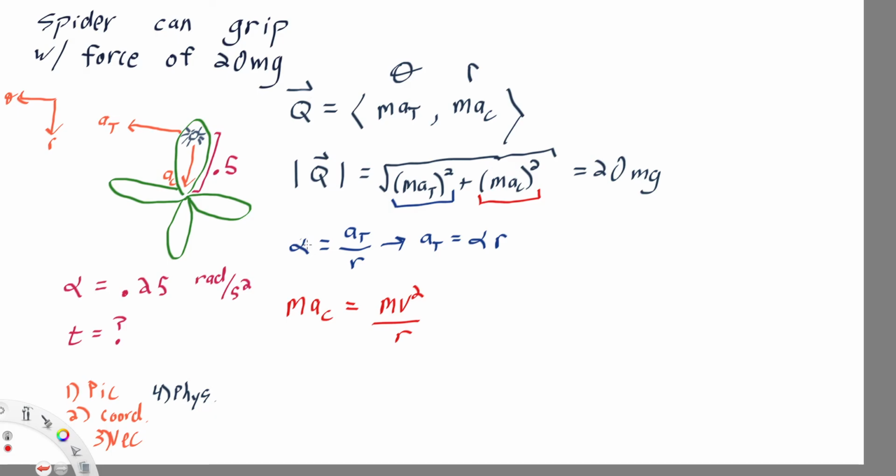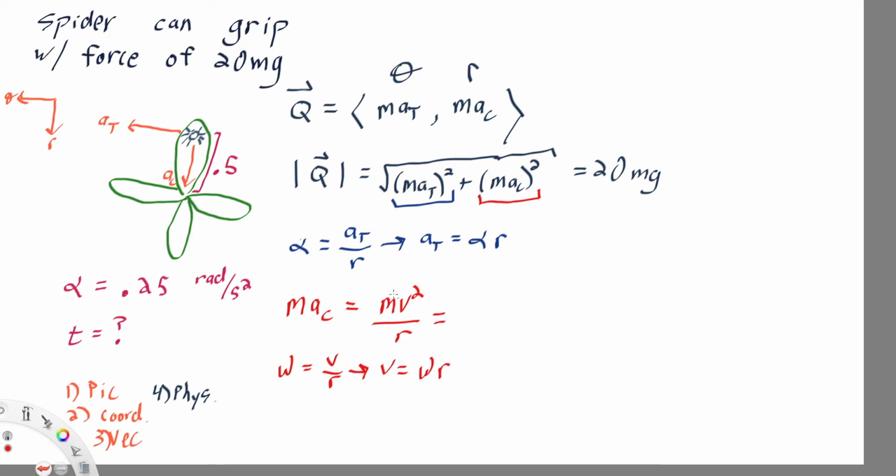Now, just like we know that there's a relationship between the angular alpha and the linear a, there's also a relationship between the angular speed and the linear speed. So we can write that the linear velocity is equal to angular velocity times r.